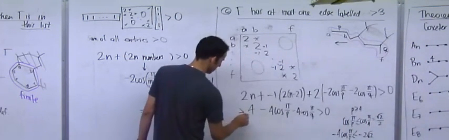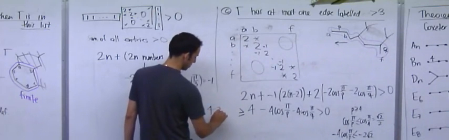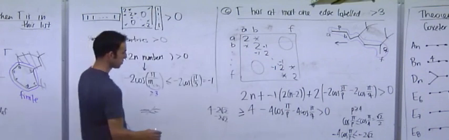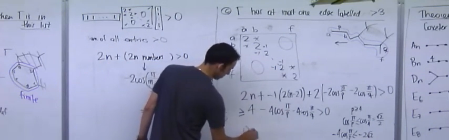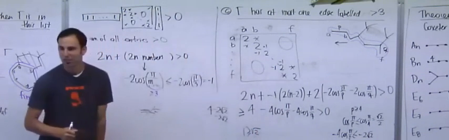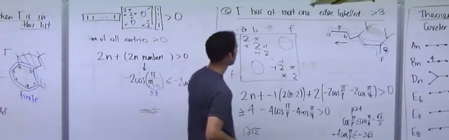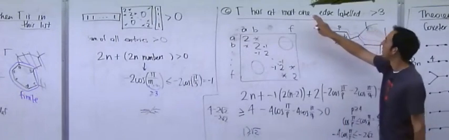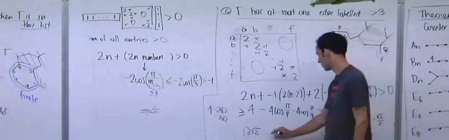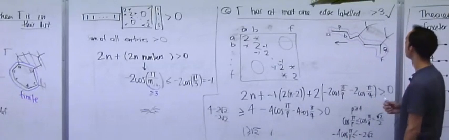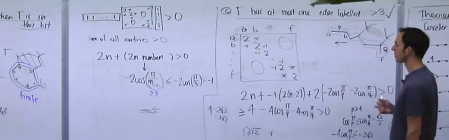So that means that this is less than or equal to 4 minus 2 root 2 minus 2 root 2. And so what I just proved for you is that 1 is bigger than or equal to square root of 2. So if I prove that, that means that something must have gone wrong along the way, which was the original assumption. And so that proves my statement that gamma has at most one edge labeled bigger than 3.